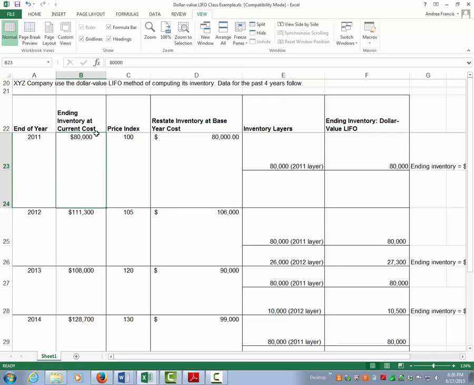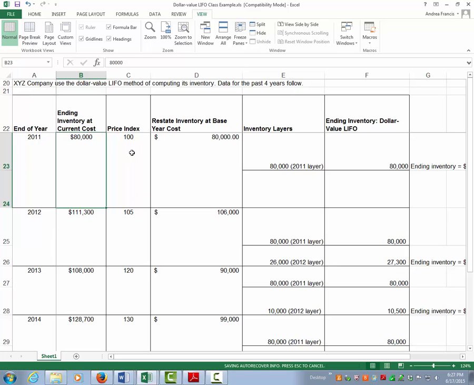This ending inventory would include all types of inventory units. It may be all the inventory that the company has, and they don't have to specifically classify whether it's phones, tablets, or computers. They just work with a dollar amount. But the wrinkle in all of this is because we are working with money, there's the problem of inflation. And so when we are trying to figure out which inventory is left behind, we can't just assume that 111,300 was all created in 2012, because LIFO assumes that the earliest inventory is still remaining.